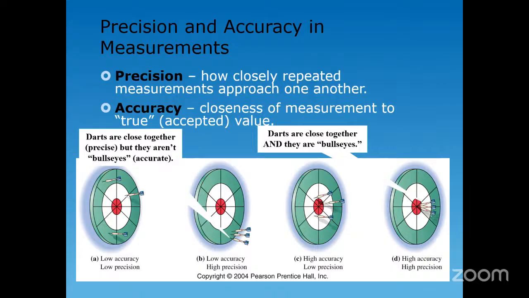This is something that we aim for when we're doing any measurements in the lab, and it reflects a situation where the measurements are basically the same as the true value, and of course they're close to each other. So that's high accuracy and high precision. That's what we aim for whenever we're doing any experiments and taking any measurements.